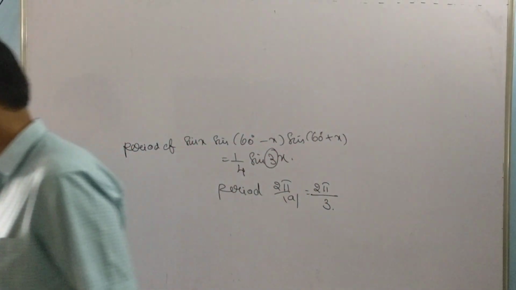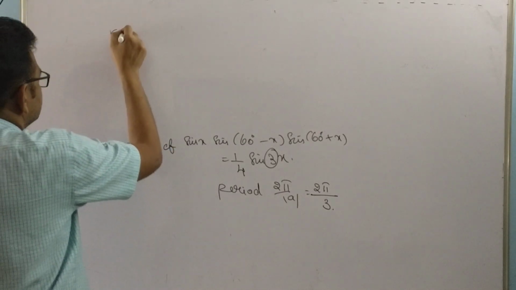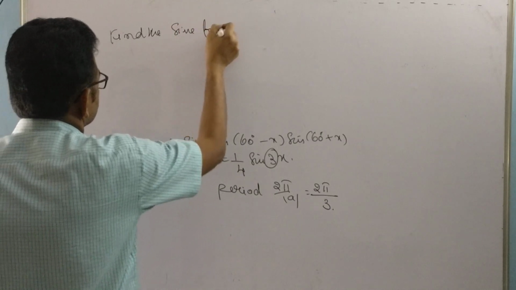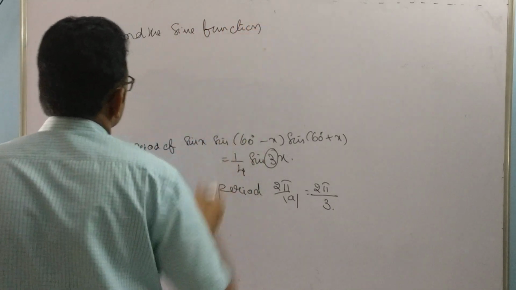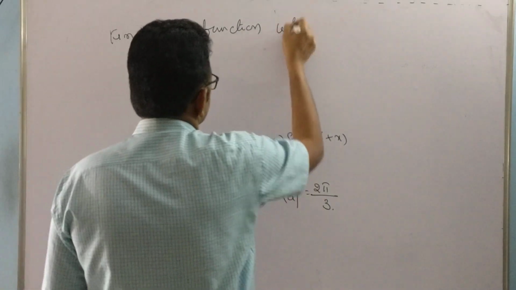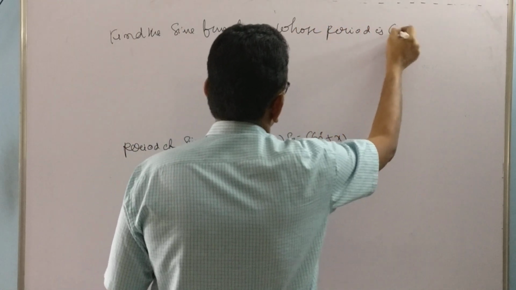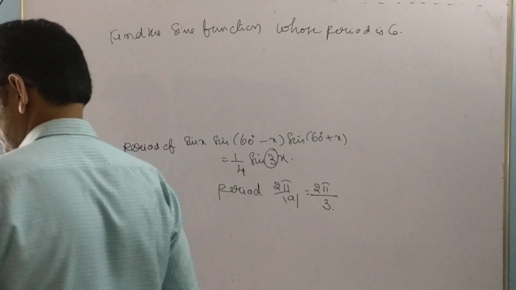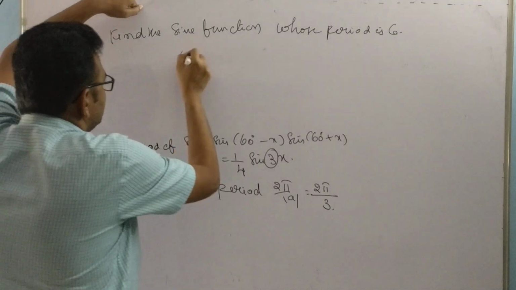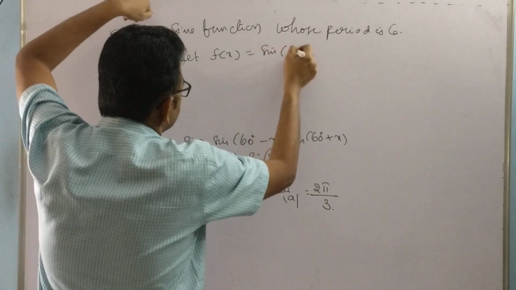Next one, find the sine function whose period is 6. So let the function be f of x, the function is sine of ax plus b.